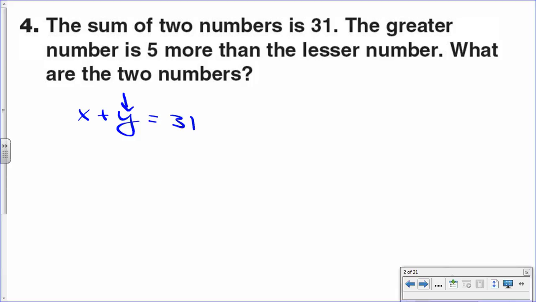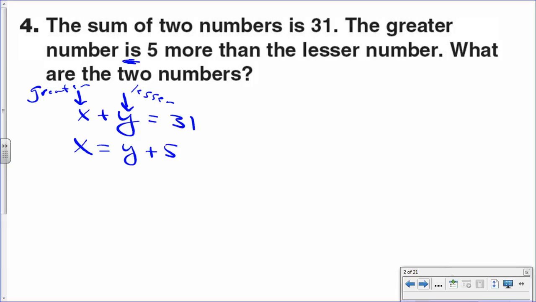We'll say that X is the greater, Y is the lesser than, right? Okay, so the greater number, which is X, is what? 5 more than the lesser number.